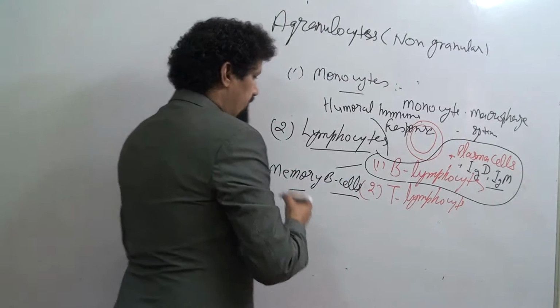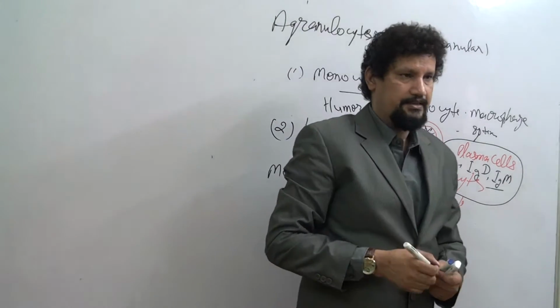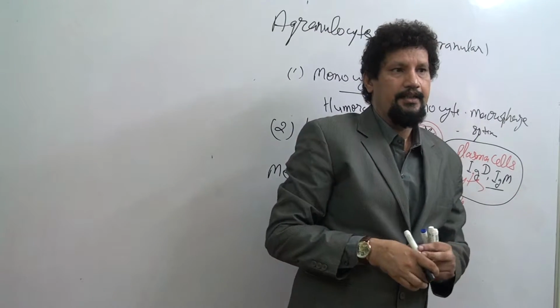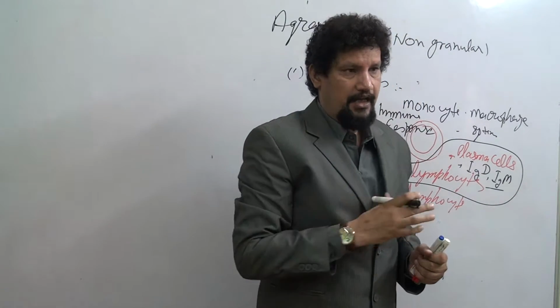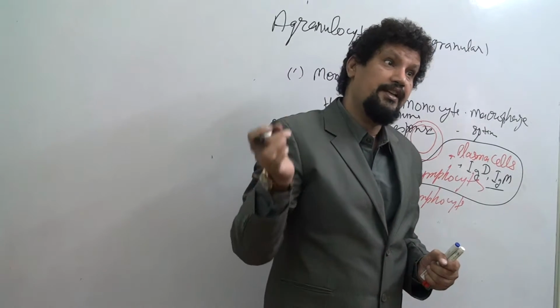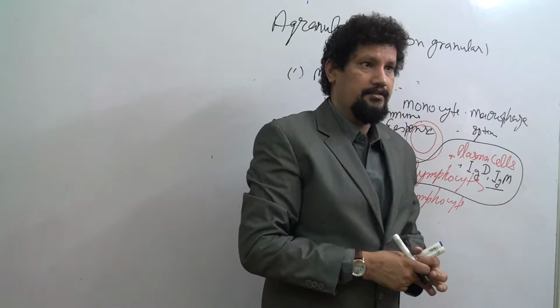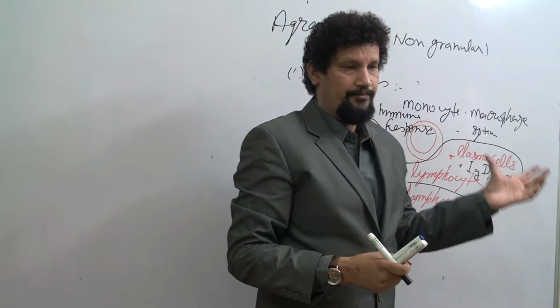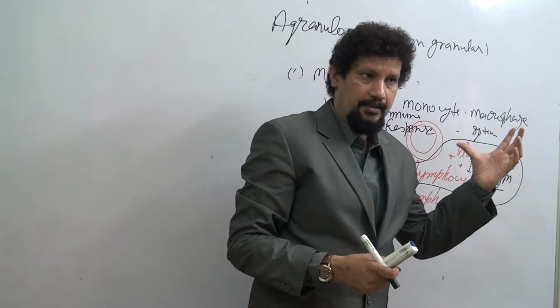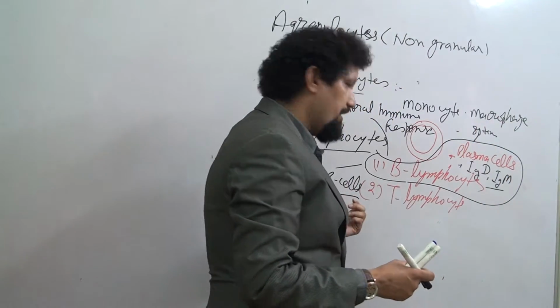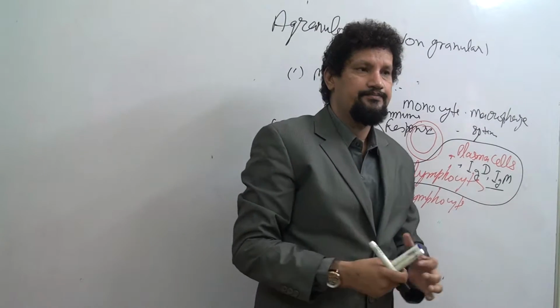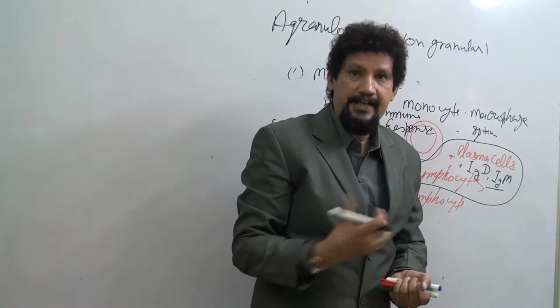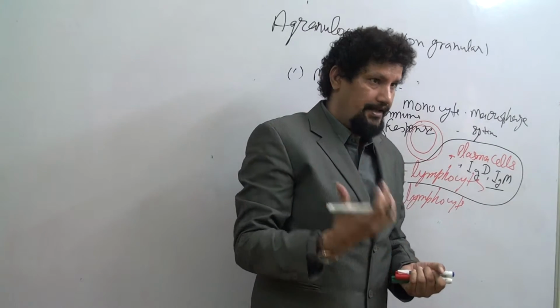The cell membrane of these memory B cells has the antibodies against the previously exposed antigen, or I can say these memory cells have ready-made antibodies against a specific antigen.